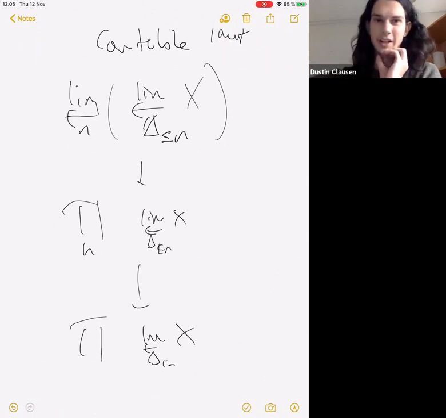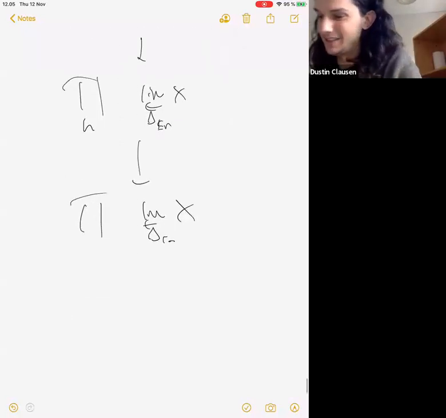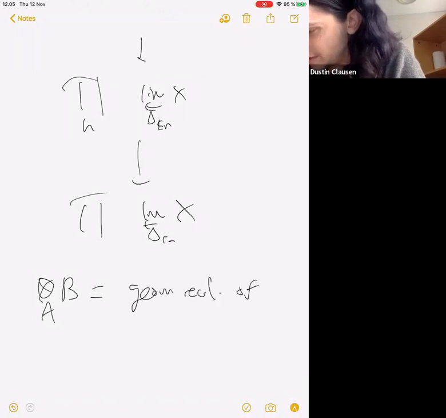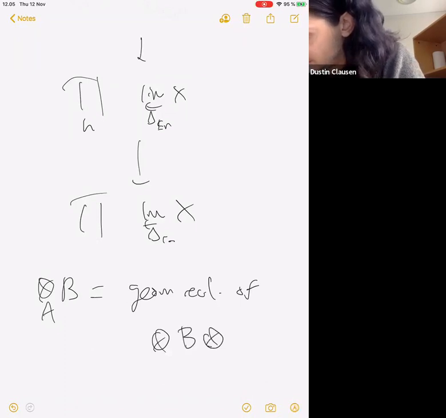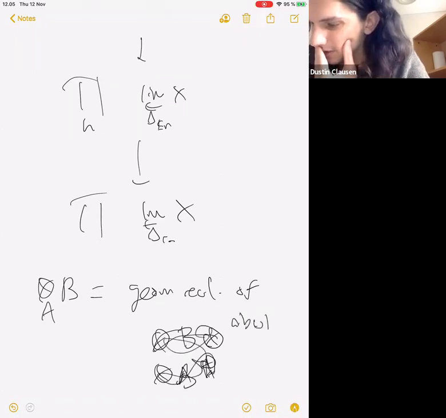And a relative tensor product is also a geometric realization of absolute tensor products.